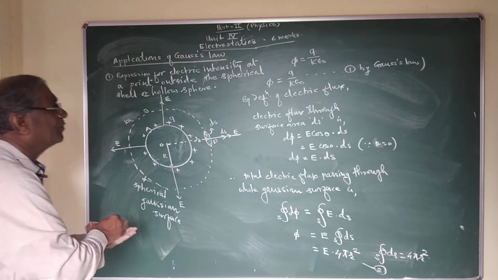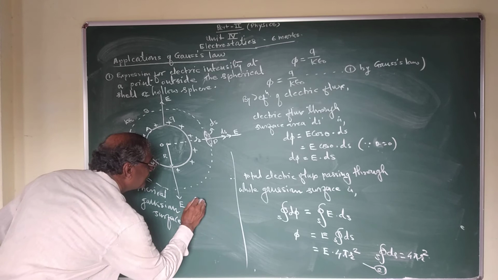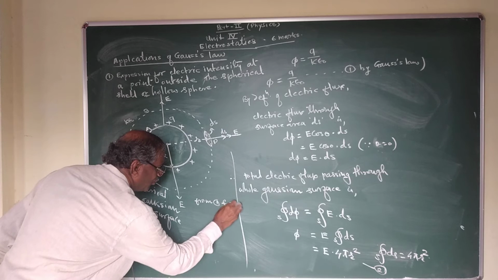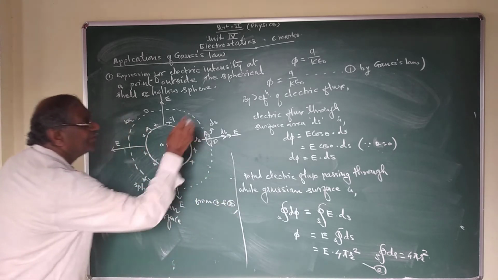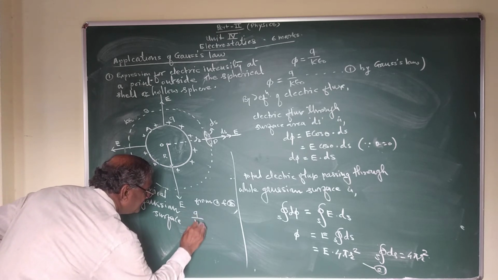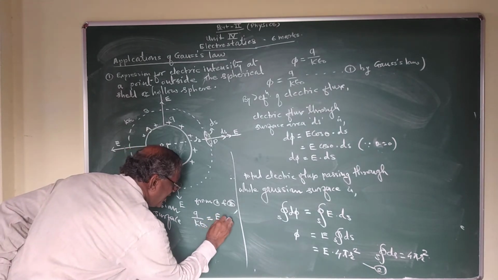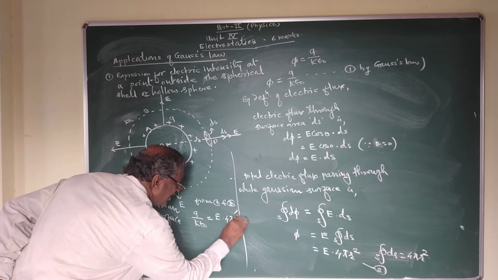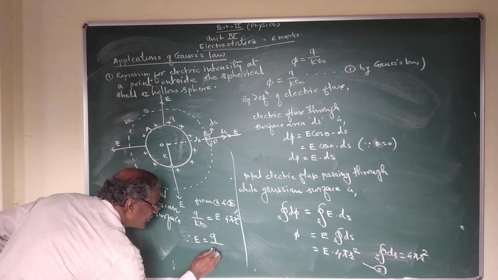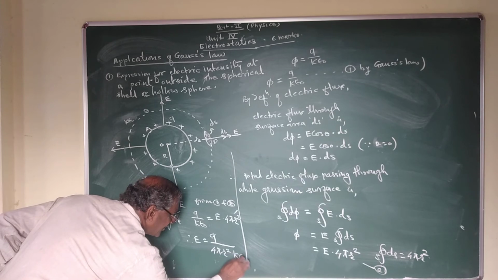Now equating these two, from 1 and 2, we get q upon k epsilon 0 is equal to E into 4 pi r square. Therefore, E is equal to q upon 4 pi r square into k epsilon 0.